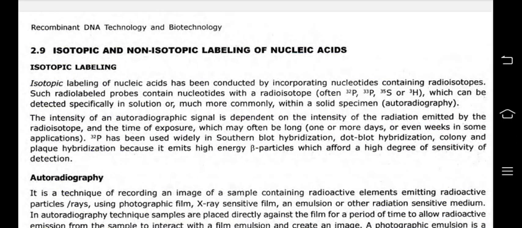Autoradiography. The intensity of an autoradiographic signal is dependent on the intensity of the radiation emitted by the radioisotope and the time of exposure, which may often be long, one or more days or even weeks in some applications. 32P has been used widely in Southern blot hybridization, dot blot hybridization, colony and plaque hybridization because it emits high energy beta particles which afford a high degree of sensitivity of detection.